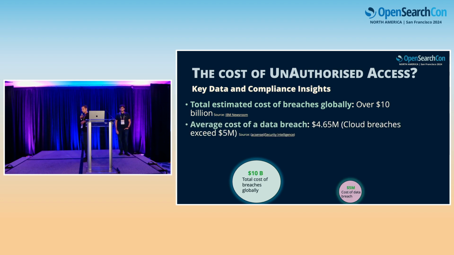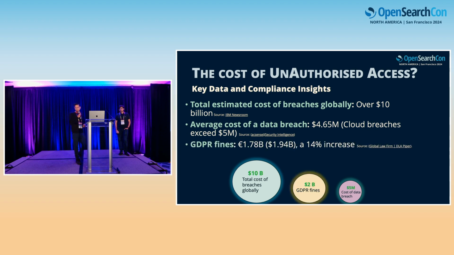Whenever a breach happens, the average cost amounts to almost 5 million, and if that happens in the cloud, it crosses even beyond that. All these breaches amount to fines as well, especially in Europe under GDPR. Last year alone, it amounted to 2 billion, which is a 14% increase year on year.